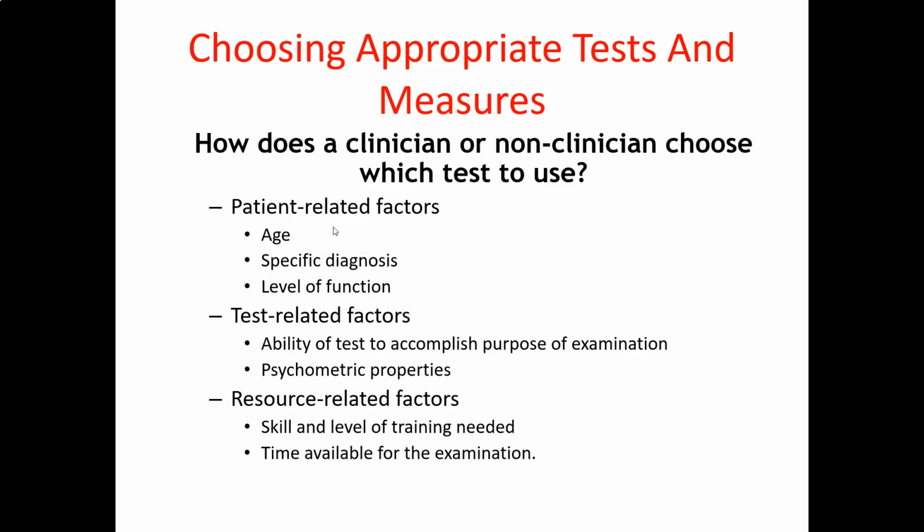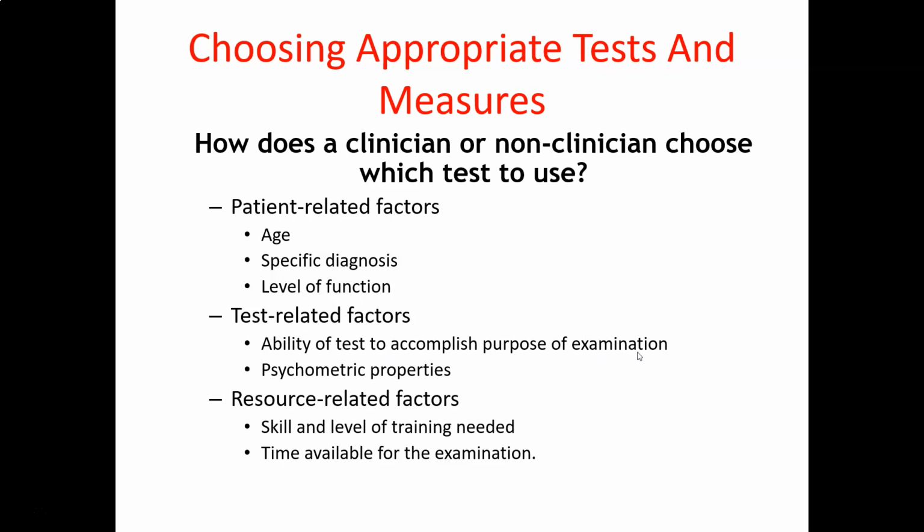Well, there's a couple of factors. You can pick age. If they're young versus midlife to older, then you can say which ones. We always think safety first, right? So which ones would be appropriate for certain ones? We can do the age specific ones. We can do specific diagnosis. What's their level of function? We can do test-related factors, ability of the test to accomplish the purpose of the examiner.